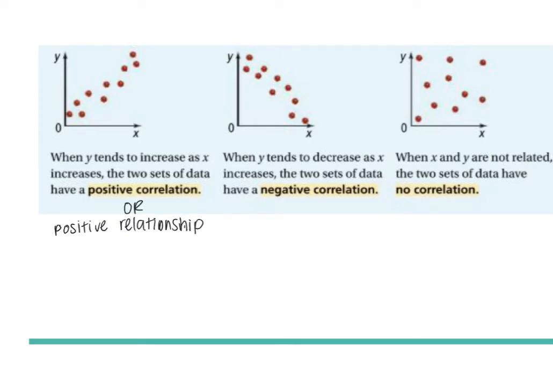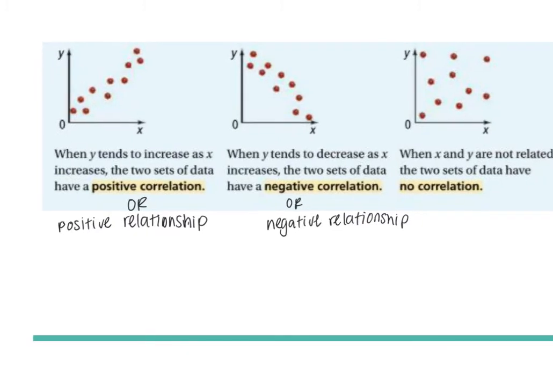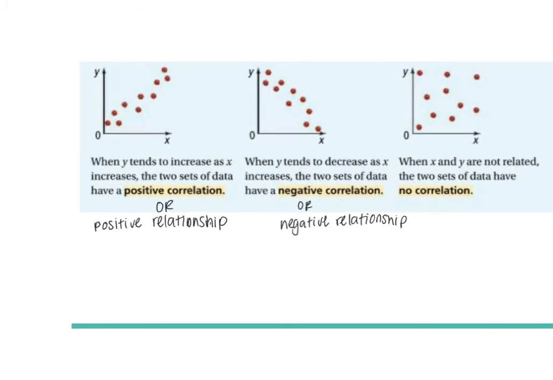When y tends to decrease as x increases, the two sets of data have a negative correlation or negative relationship. And when x and y are not related, the two sets of data have no correlation or no relationship.